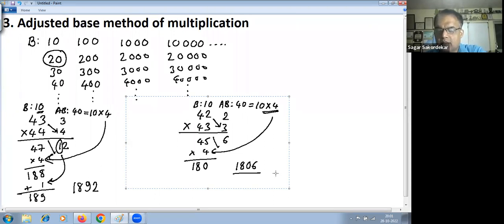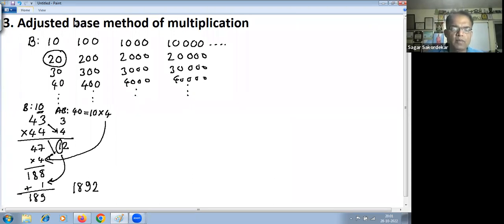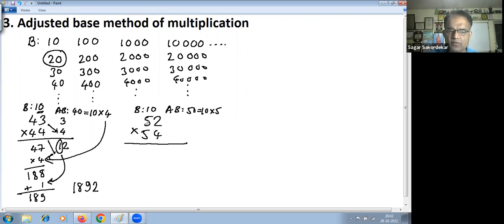Okay, Satvik. Next I'll show you one example where it is possible to solve in two different ways. Consider this example, 52 multiplied by 54. I'll solve it in two different ways of the adjusted base method. First, as we have discussed, the base is 10, the adjusted base is 50, and the relation is 10 into 5. 52 minus 50 is 2, 54 minus 50 is 4, multiply differences, that is 8.